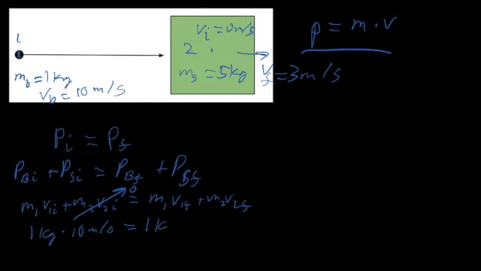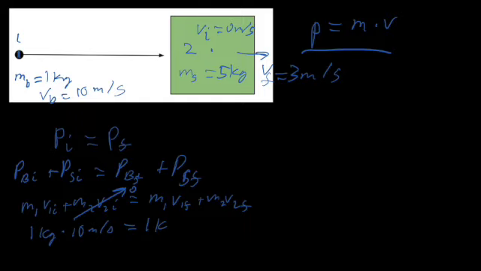So what we can do is use what's called the conservation of momentum equation. The momentum at the beginning is going to equal the momentum at the end, and we can break this down further: the initial momentum of the ball plus the initial momentum of the square equals the final momentum of the ball plus the final momentum of the square.